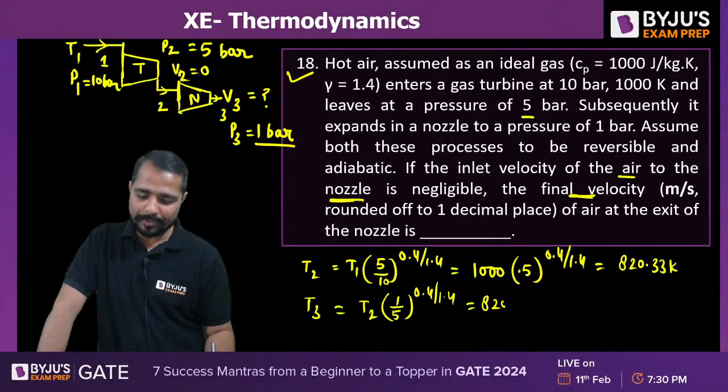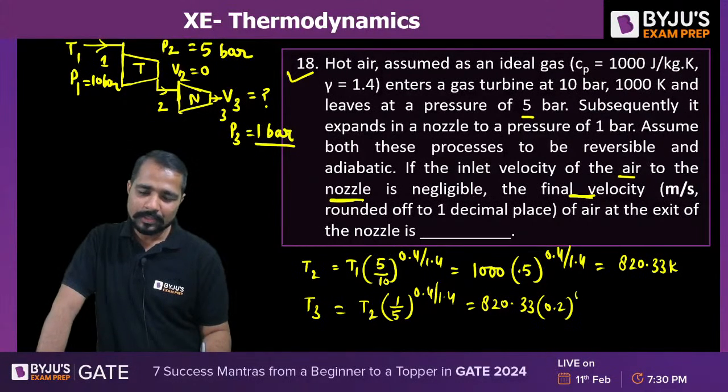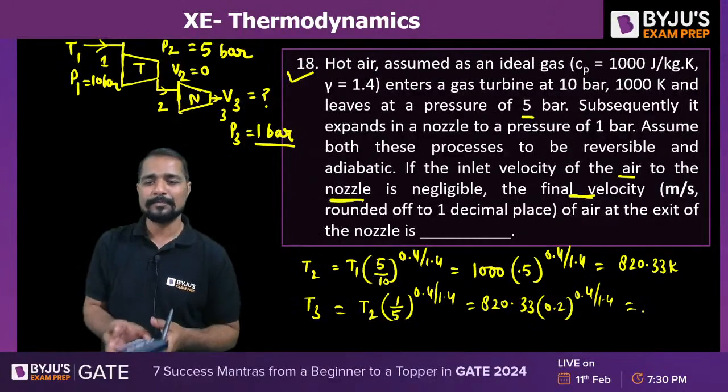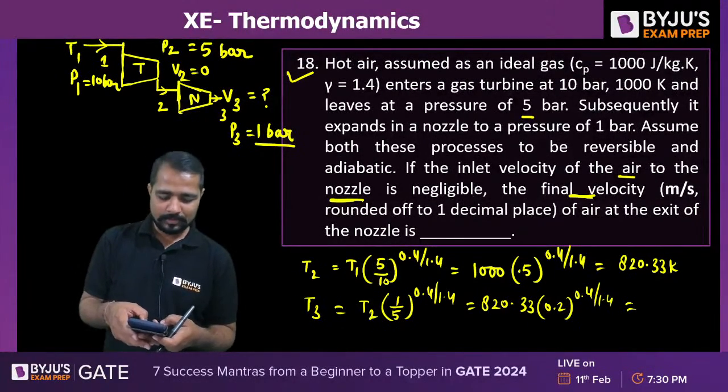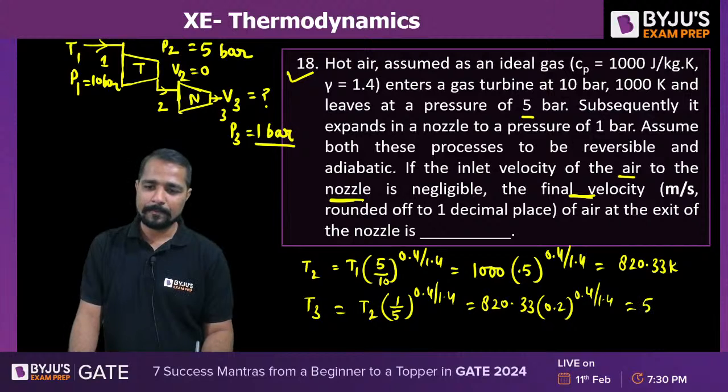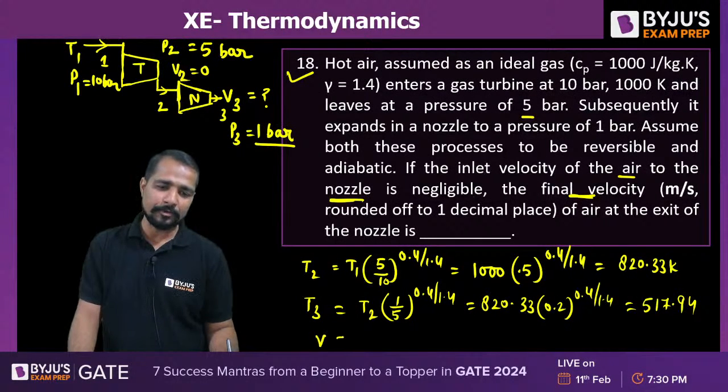So it is equal to 820.33 into (1 divided by 5, that is 0.2) raised to 0.4 divided by 1.4. What is the answer? Answer is 517.94.